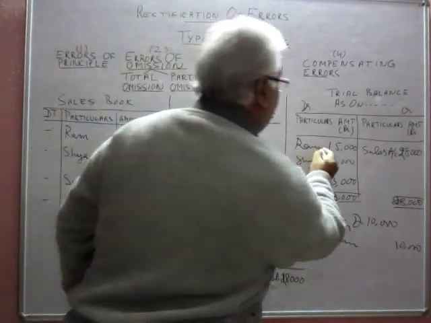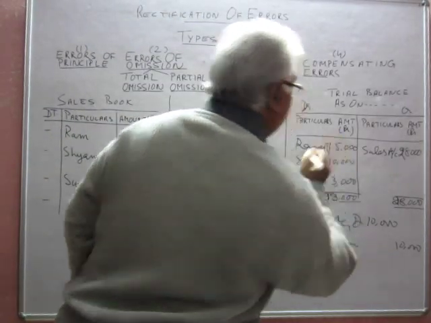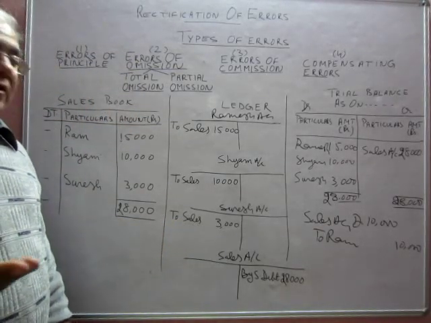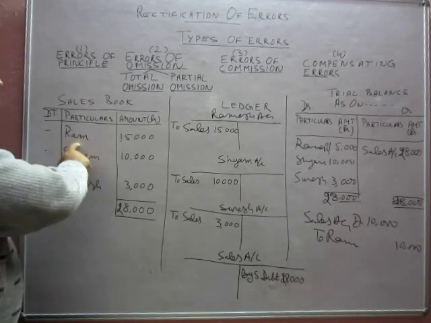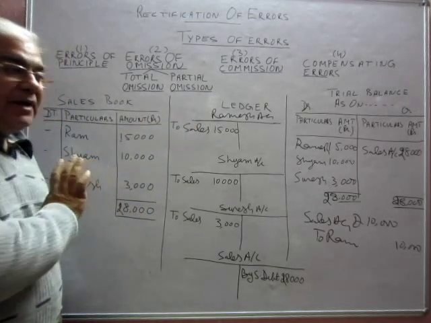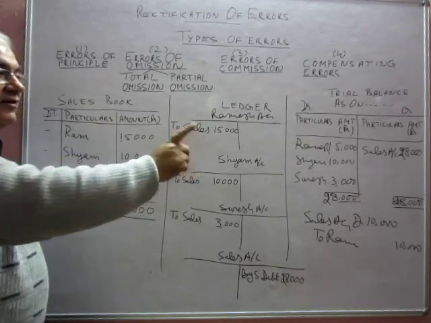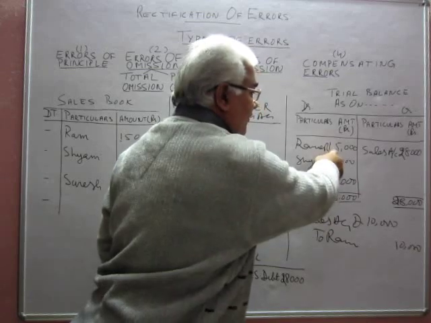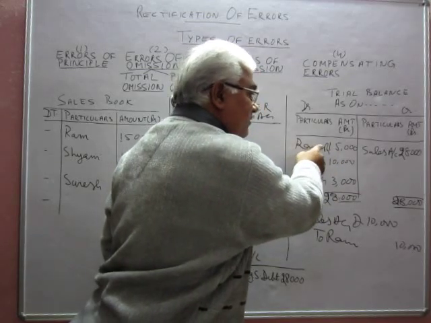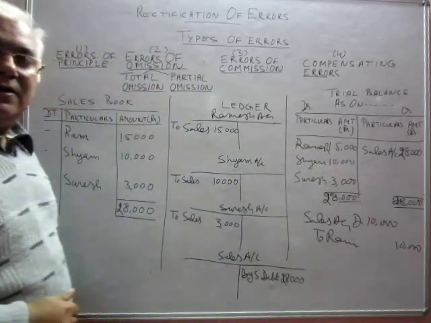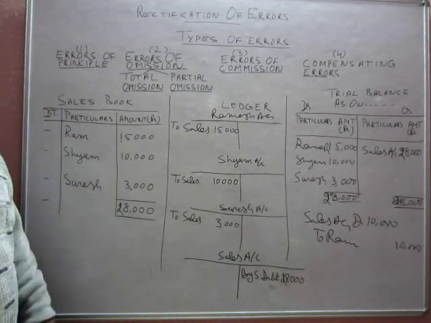And it will appear in the trial balance as Ramesh. Again, you see, this amount should have been debited to Ram, but it has been debited to Ramesh's account. But it is not making any difference to our trial balance. The total will still remain 28 and here 15. Instead of Ram, it is Ramesh's account.